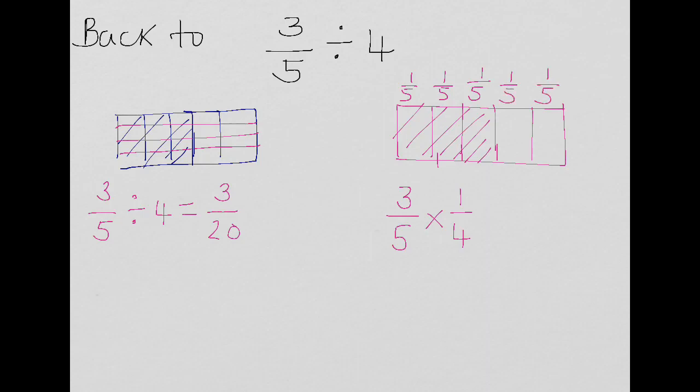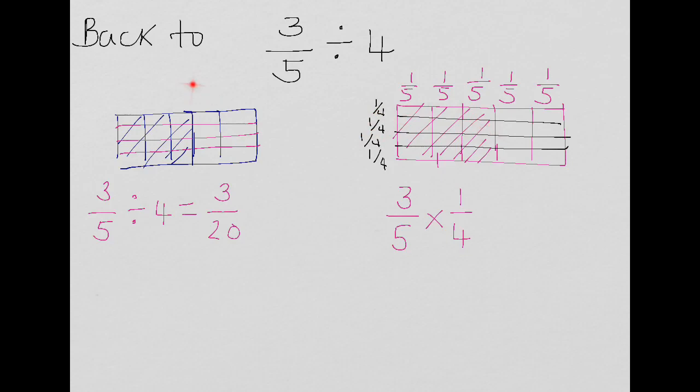We then do quarters going across this way. 1/4, 1/4, 1/4, 1/4. And this here is the same as this. These are the same. So dividing by 4 is the same as multiplying by 1/4.